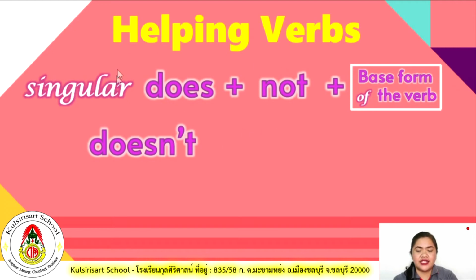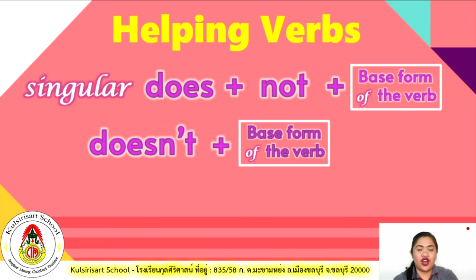We combined the two words does and not by forming the word doesn't. Do plus not, when contracted, became don't. And does plus not, when contracted, became doesn't. Very good. So, of course, after that is the base form of the verb. Do not forget that after all of that follows the base form of the verb. You understand?